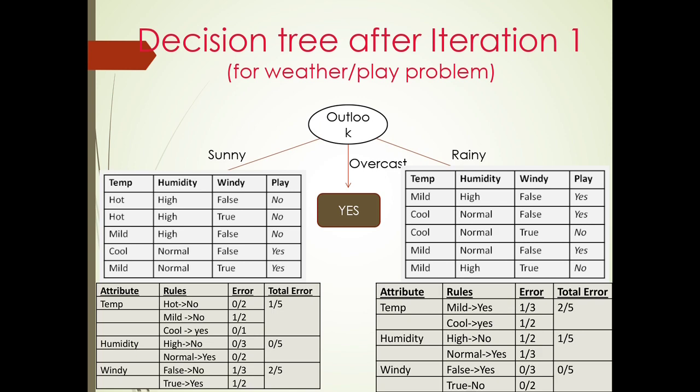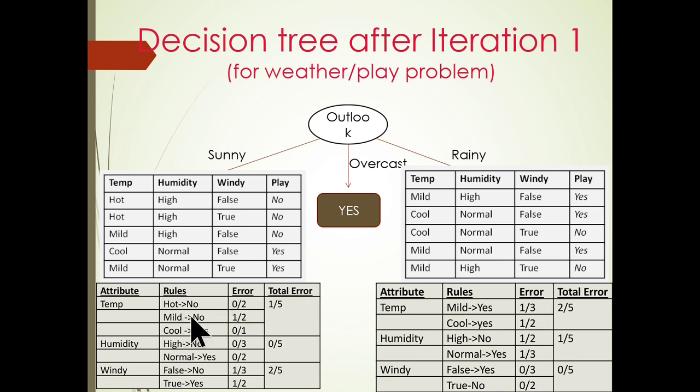Suppose in your question the Outlook is sunny, then again we have to build the error table. For example, here we have taken temp, hot is equal to no. Hot is no 2 times, so 0 error, 0 of 2.